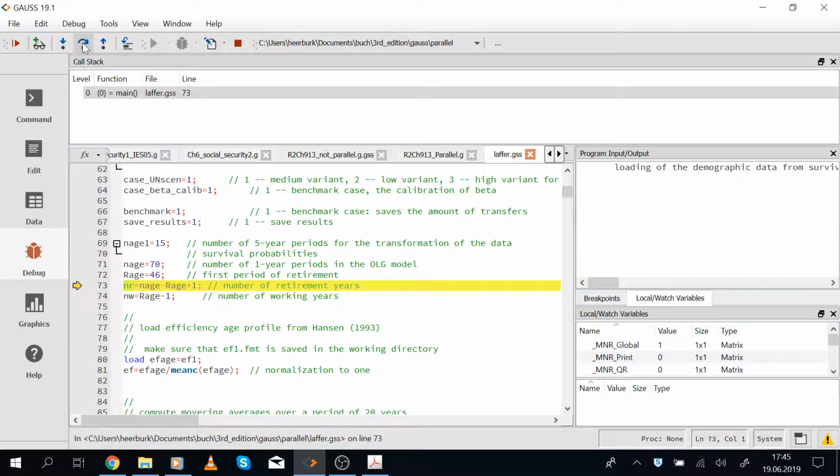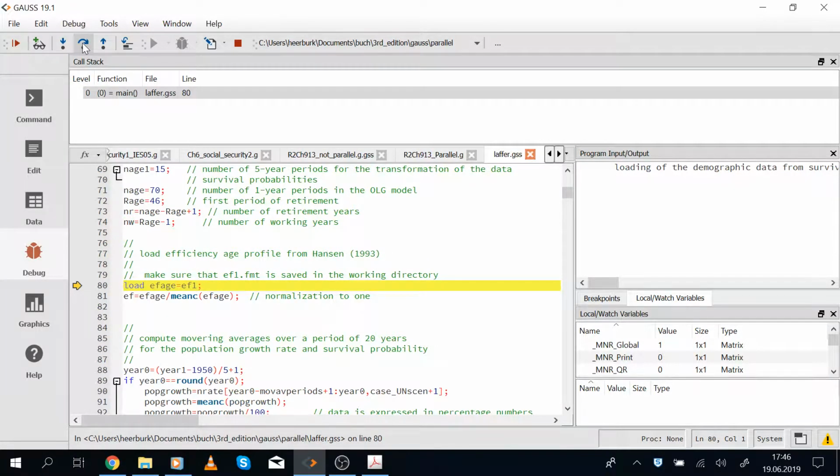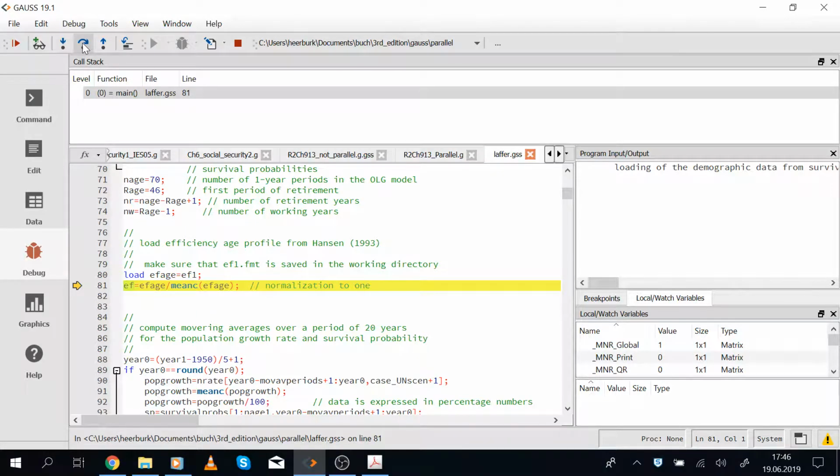NR is the number of retirees, D is the number of cohorts for the retirees, and NW for the workers. We load the efficiency profile from Hansen, which is stored in the file ef1.fmt, which you also store in the working directory. And in line 81, we normalize it to 1 so that average efficiency is equal to 1.